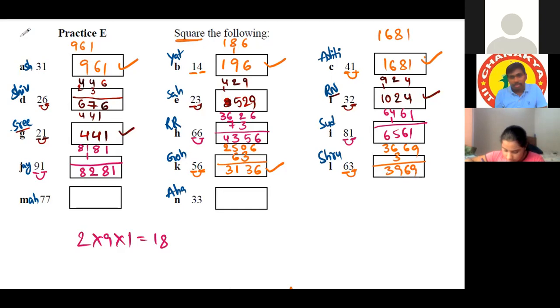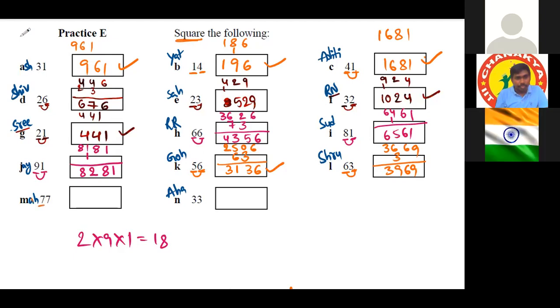Correct. And then Mahavir. Yes, sir. First it will be duplex of 7. Then for 7, 7, and after that again 7. 7 square is 49. 7 multiplied by 7 is 49, double is 98.